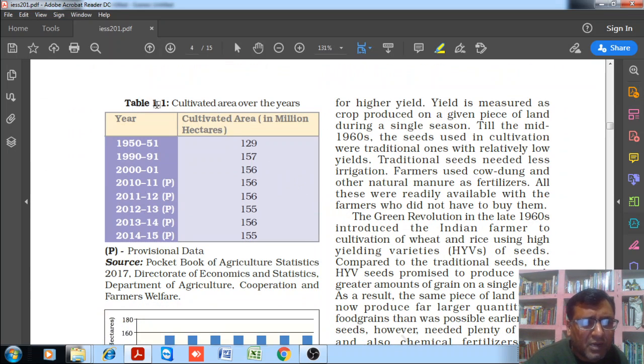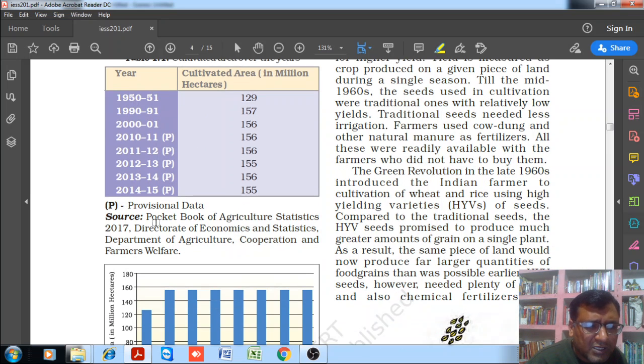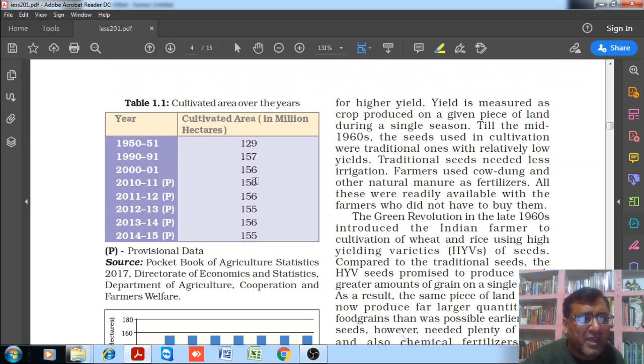Now you can see table number 1.1, that is the cultivated area over the years, in million hectares. The source is the Pocket Book of Agriculture Statistics 2017, from the Directorate of Economics and Statistics, Department of Agriculture, Cooperation and Farmers Welfare. Here we can see how the cultivated area increased and then became stagnant.